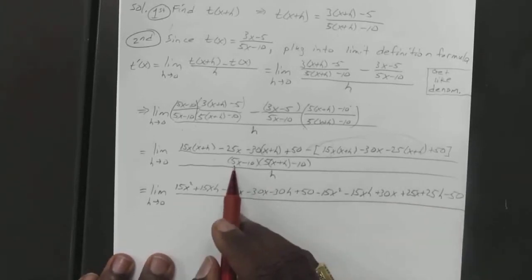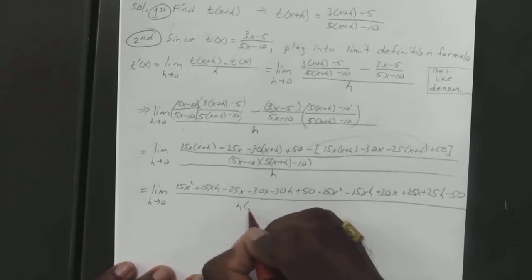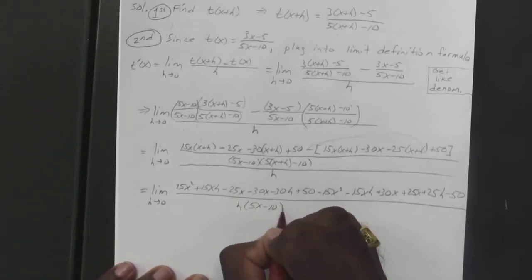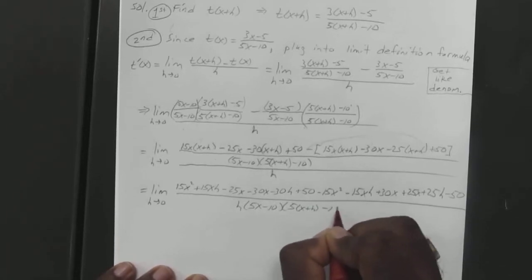All over, we can just have the h since it's in the denominator, h times 5x minus 10 times 5 times x plus h minus 10.